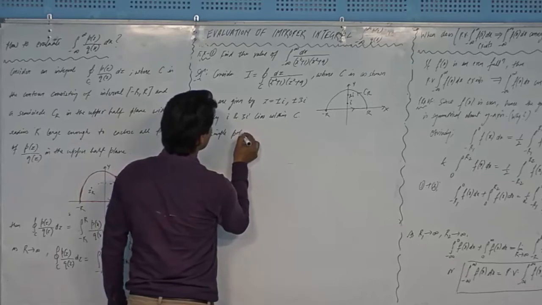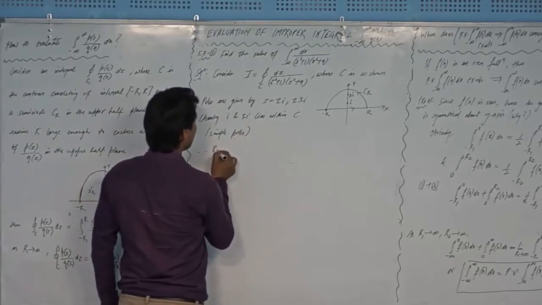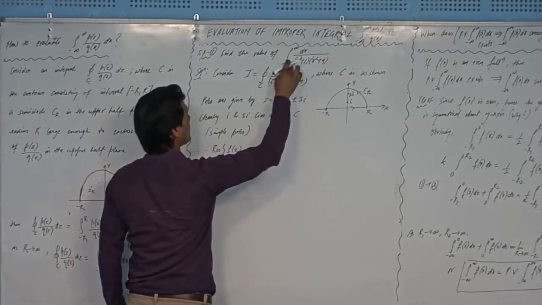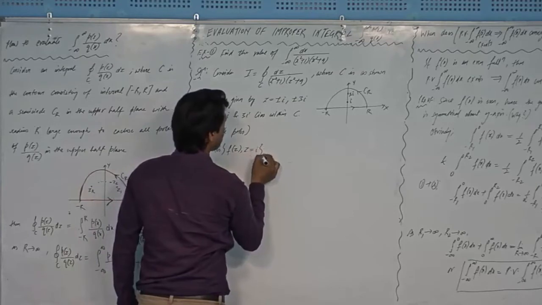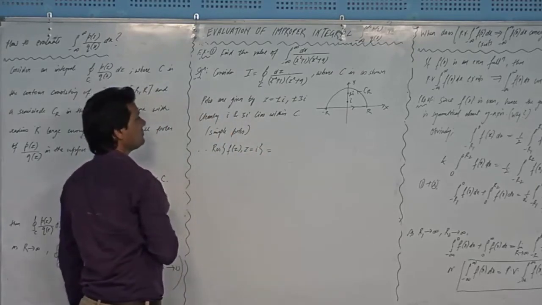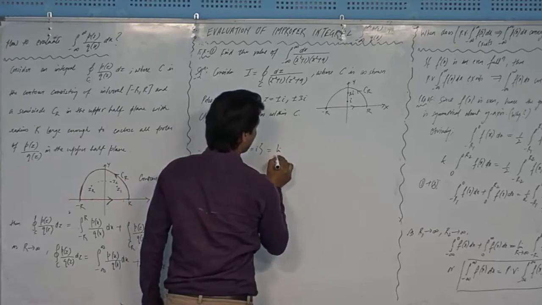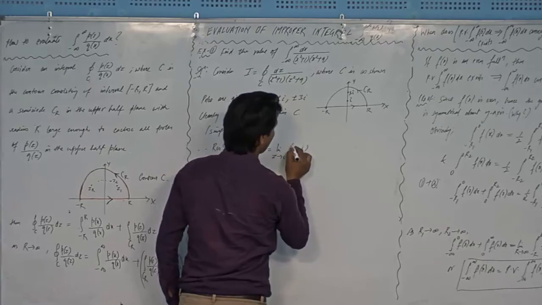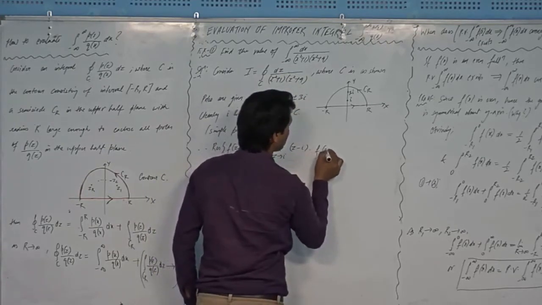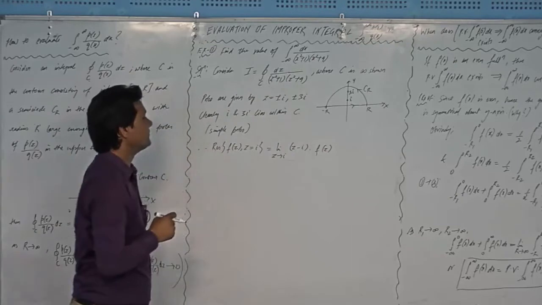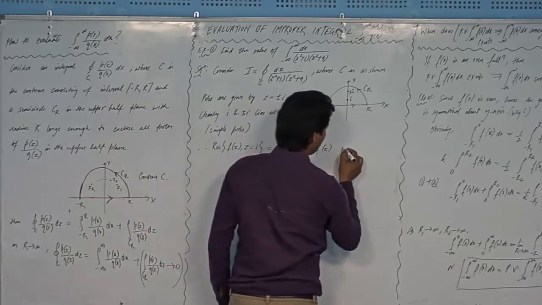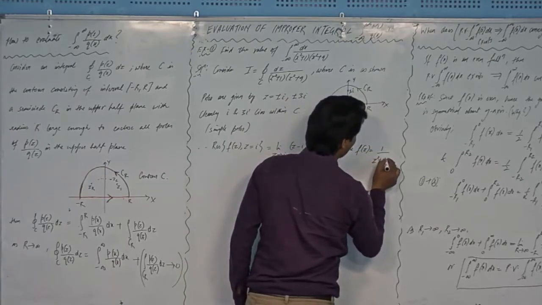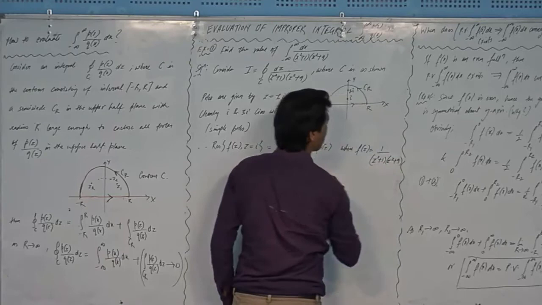So the residue of the function f(z), this whole function is f(z), evaluated at z equal to iota is equal to the limit z tends to iota of z minus iota multiplied by f(z), where f(z) is 1 over z square plus 1 and z square plus 9, right?